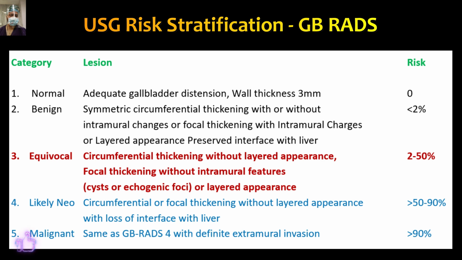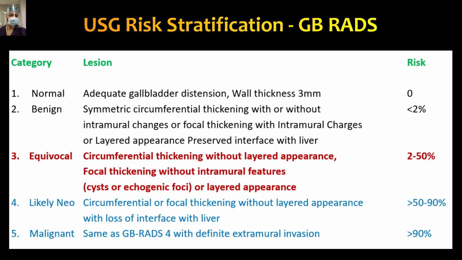So all these features, like circumferential thickening without layered appearance, or layered appearance without echogenic foci, or focal thickening without intramural changes, are basically red flag signs, and this is the dilemma. The chance of malignancy is 2 to 50%.